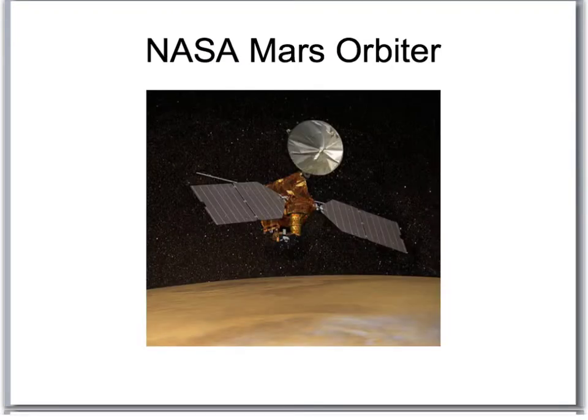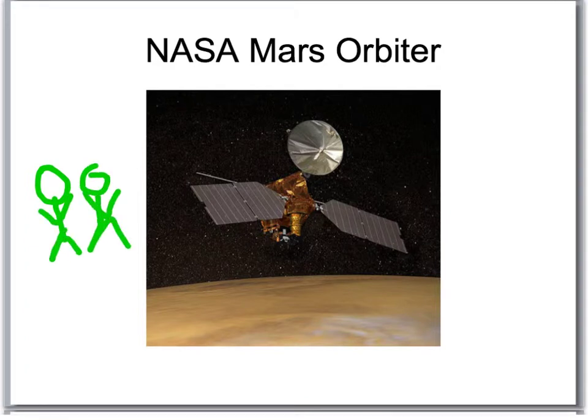Alright, now that you've done the meta notes, I'm going to tell you a little story. Not very long ago at NASA, 2 teams of scientists were working on a Mars orbiter, which is basically just a satellite to go to Mars. So we had one team over here, and we had a second team.